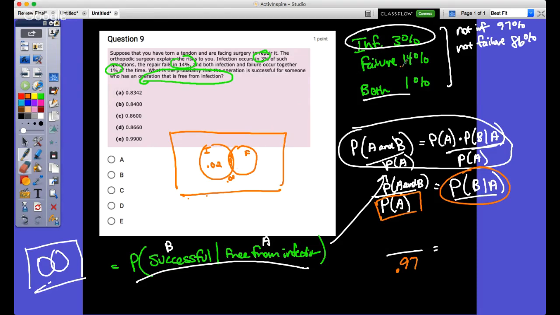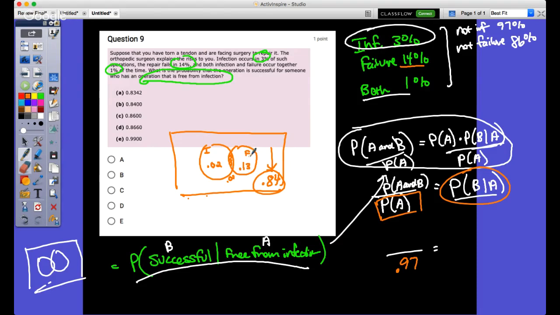So same thing over here. If this is 14%, this would be 0.13. So what's anything on the outside? That would be 0.02 plus 0.01 plus 0.13, which is 0.16, I believe. So that means 0.84 would be anything that would be successful, right?